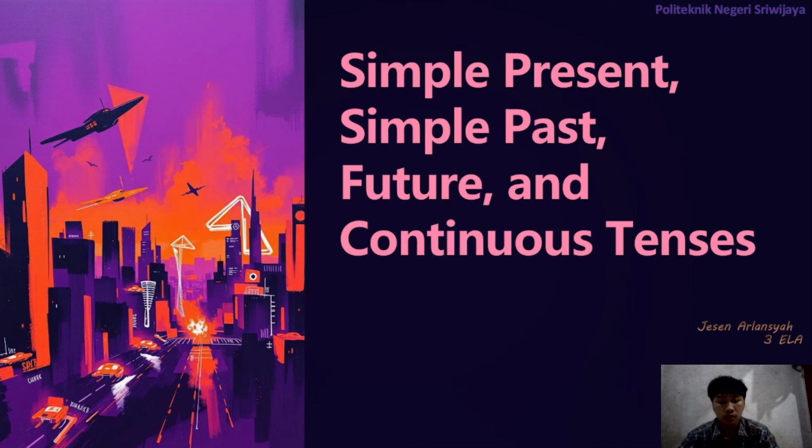Today we are going to explore four essential tenses in the English language: the simple present, simple past, simple future, and present continuous tense. These four tenses form the foundation of English grammar and are essential for everyday conversation.